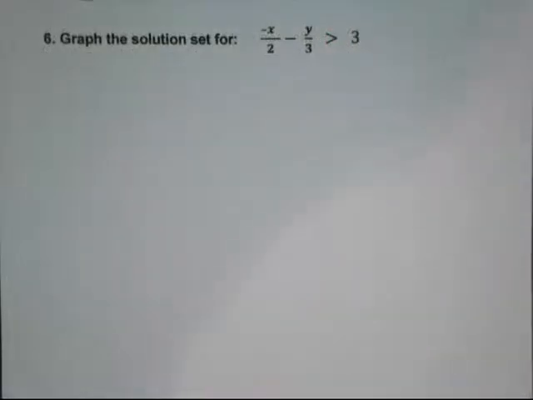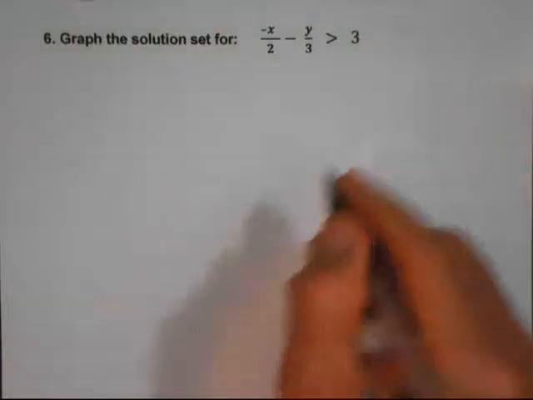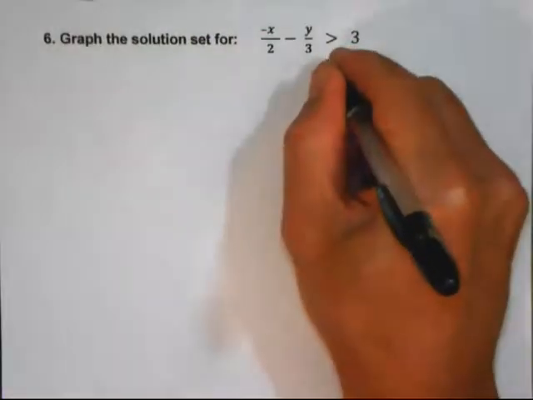Exercise number 6. An alternative solution. Graph the solution set for negative x over 2 minus y over 3 greater than 3. Alright, it's a linear inequality, so we're expecting a half-plane graph.